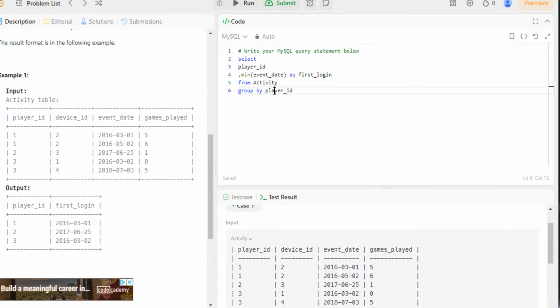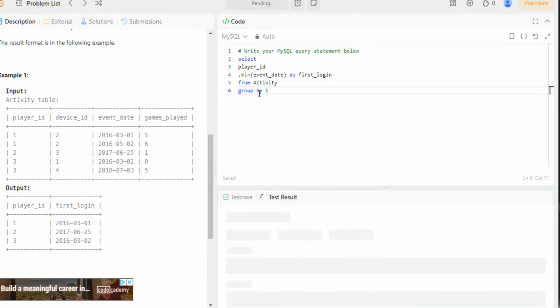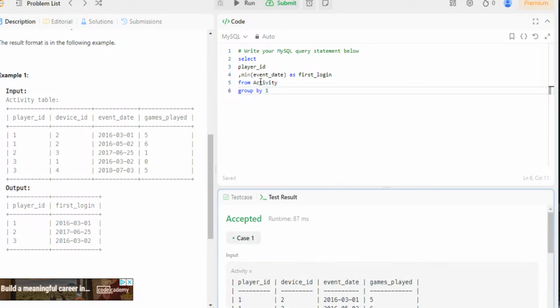And also you can do it like this. Since this is column 1, this is column 2, you can also number them. The only problem with numbering these is if you add columns, you have to come and rearrange.